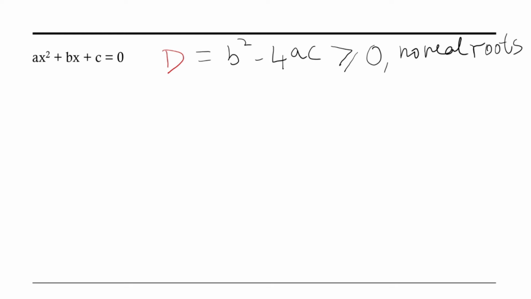There are situations where the value of b square minus 4ac becomes less than 0. In those situations, it becomes necessary to find the solution for these equations. It is in these places that complex numbers come into play.